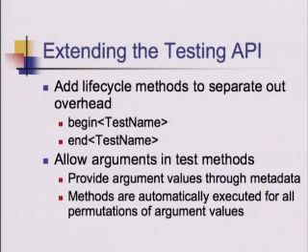Arguments in test methods. JUnit tests only allow zero-argument test methods. You call the test method, where would the arguments come from, right? But it turns out that arguments are incredibly useful in benchmarking because what you usually want to do is execute something for many different permutations. The example I gave before was with the data structure. You would want to see how this ArrayList add performs if I had 10 elements in it, or 100 elements, or 1,000.